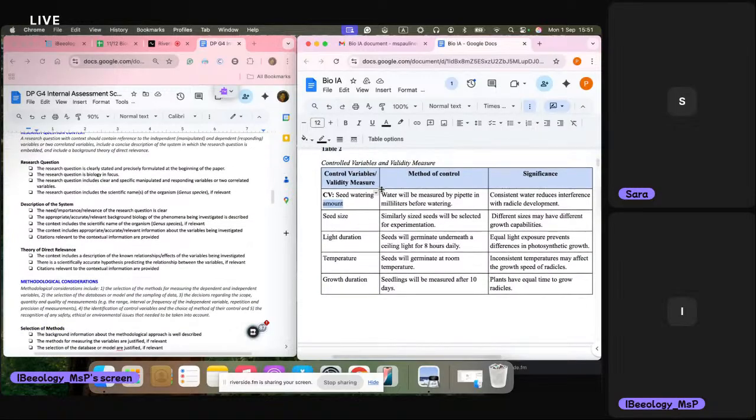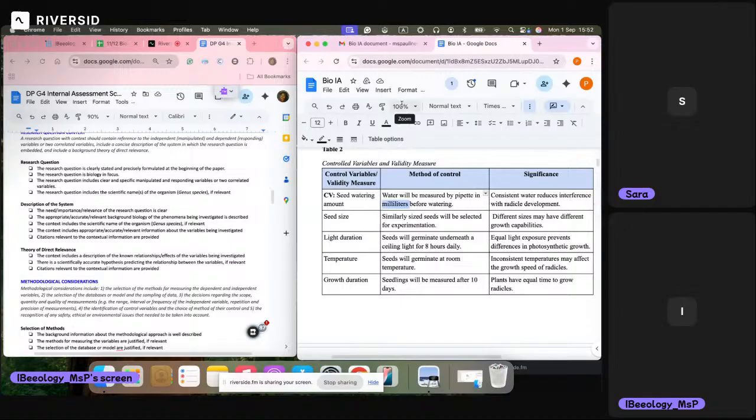It's right here. Yeah, milliliters. Why don't you just say volume of water? Because at least we know that the volume has been measured, and it's measured in milliliters.